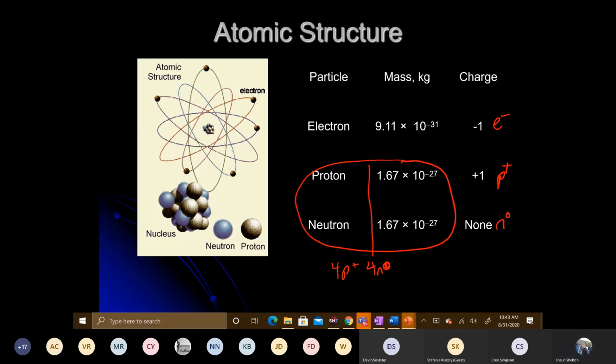You want to make sure that the atom's nucleus has the same number, because if they don't, then we're going to start having problems. Now, once we start looking at this structure specifically, you're going to find that the elements don't always have the same number of protons and neutrons.